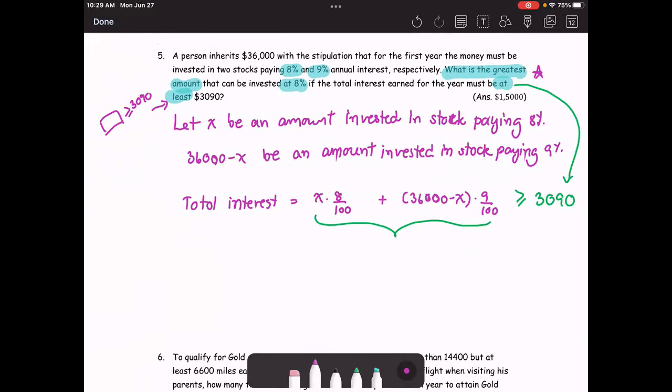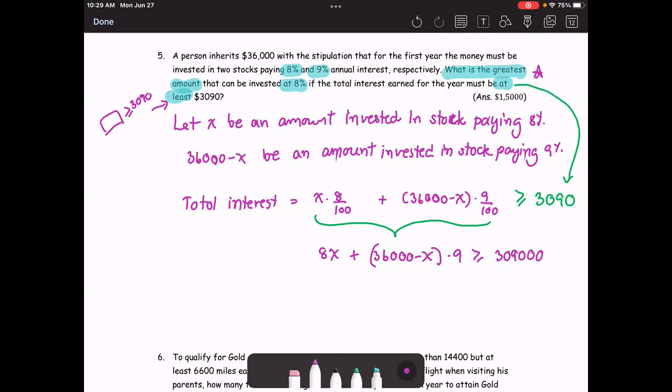Since all divided by 100, starting with simplifying the expression by multiplying all by 100, we get 8 times X plus 36,000 minus X quantity times 9 greater than or equal to 3,090, and then 2 more 0s because we multiply all by 100.